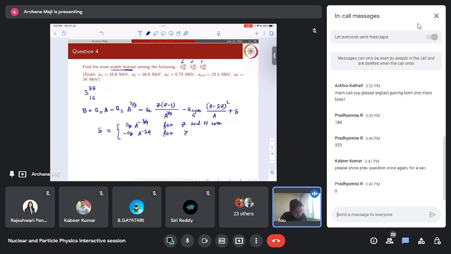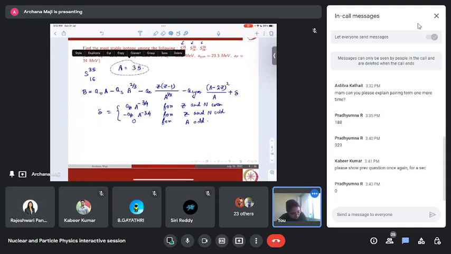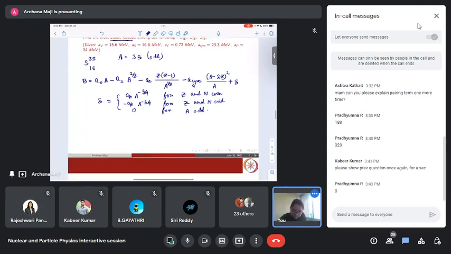Delta will be 0 because A is odd. So A for S3516 is 35, which is odd. So that's why delta will be 0, and binding energy we can evaluate.